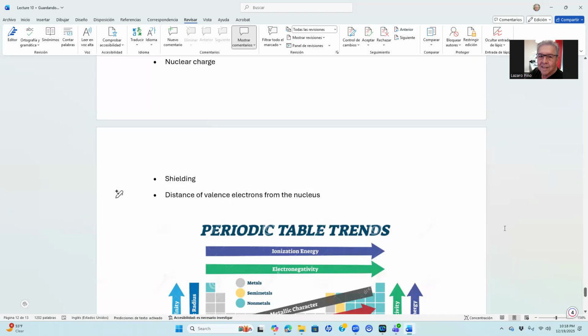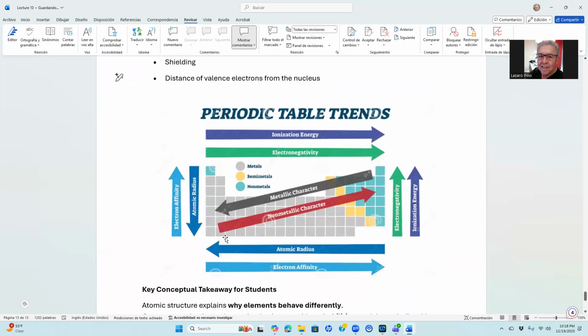Here you have in this table the behavior of the periodic properties. Ionization energy increases to the right. Electronegativity increases to the right. The atomic radius increases to the left.